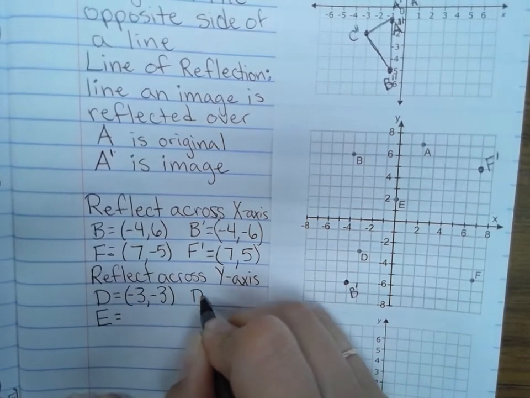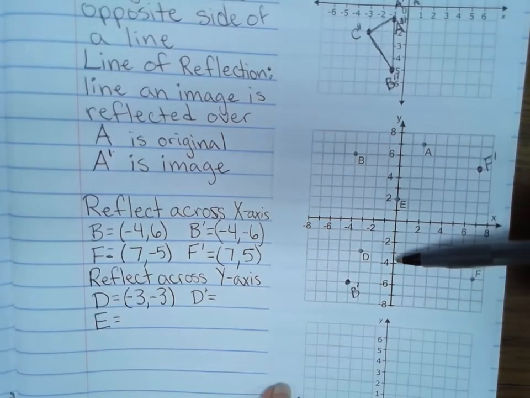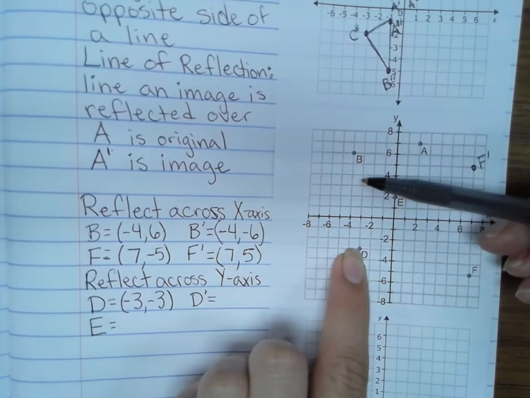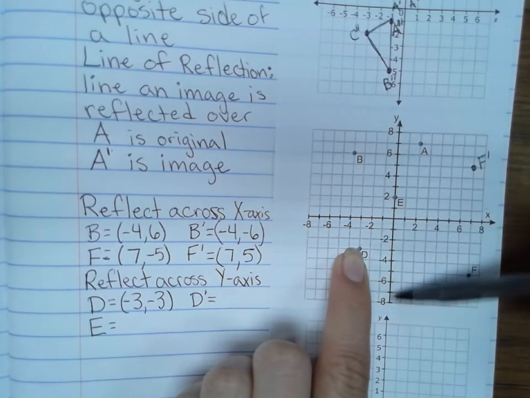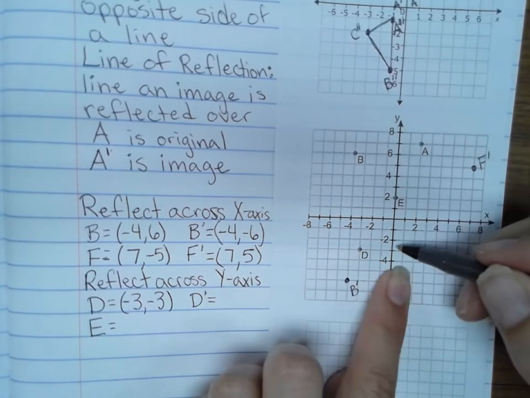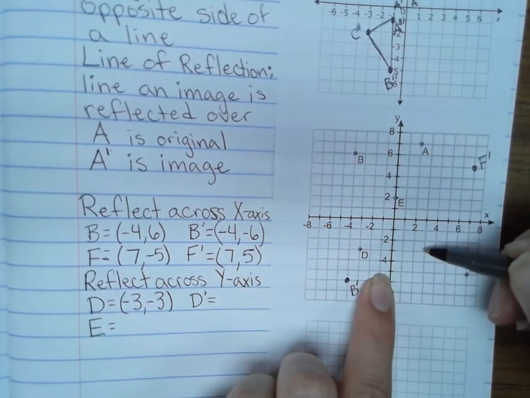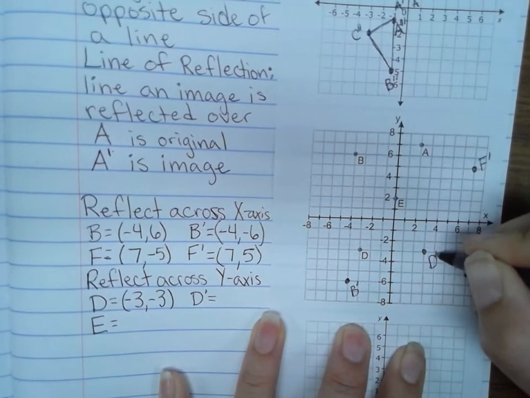So if I reflect my new point, D prime, across the y-axis this time. If it was across the x, it would be over here. If I'm reflecting across the y-axis, this is the y-axis, so I'm comparing everything to there. It's 1, 2, 3 units away to the left, so I'm going to go 1, 2, 3 units to the right. D prime will be located right there.